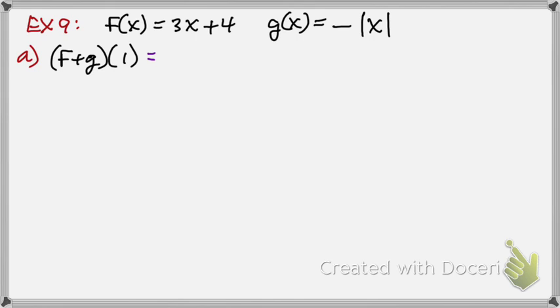So look at F. When I plug a 1 in for X, I've got 3 times 1, in other words, here's F. I've got that, plus, just plug it in as you go, plus minus the absolute value of 1.